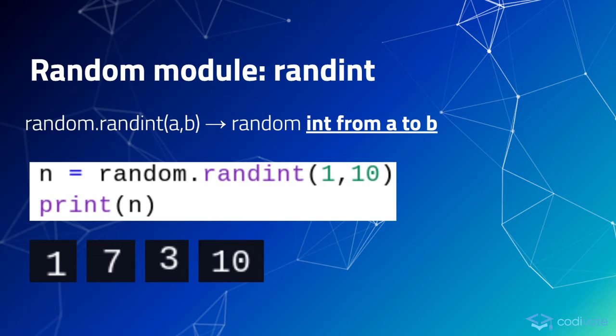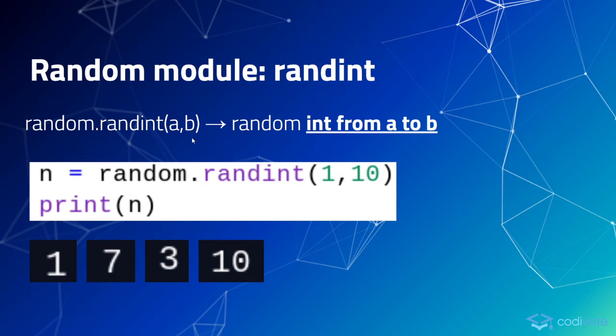Let's take a look at some actual methods so we can understand this module. If we want to generate a random integer in a certain range, we can use the randint function. So what we're doing here is random dot randint, and we type in two parameters separated by a comma.